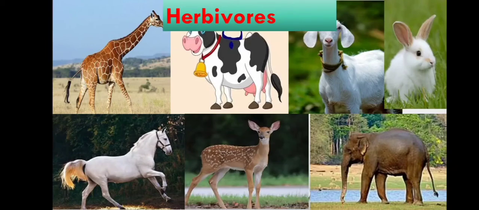They eat different parts of plants such as leaves, roots and fruits. Herbivores have special teeth to help them to cut and chew plants. Deer, cow, goat, horse, rabbit are some examples of herbivores.